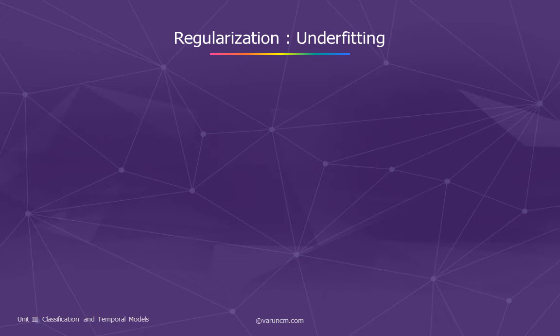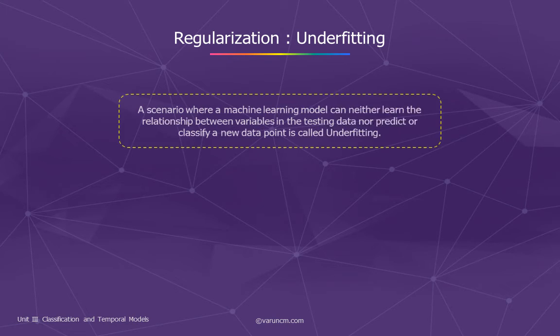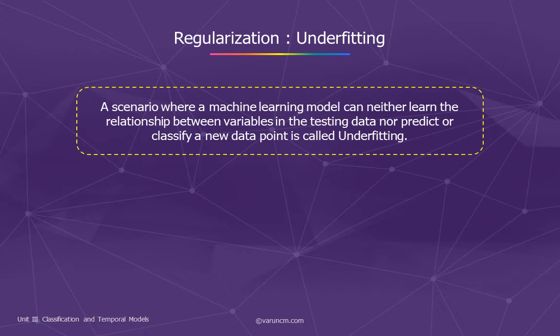So we can explain the underfitting scenario as the scenario where the machine learning model can neither learn the relationship between the variables in the testing data nor predict or classify a new data point. First, it is not able to learn the relationship between the variables, and second, it is not able to predict or classify the new data point which is put into the data set.